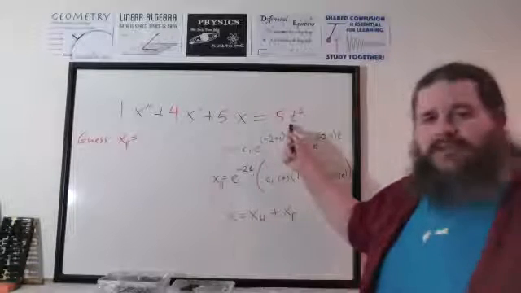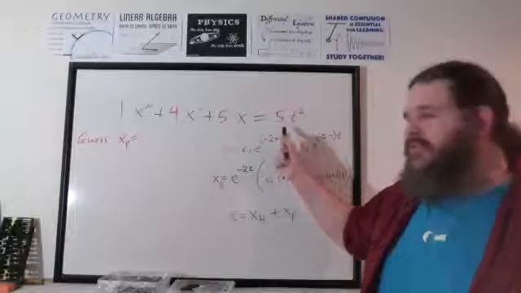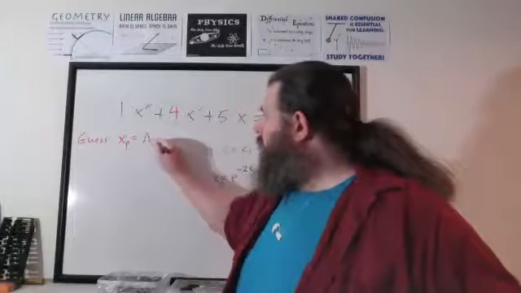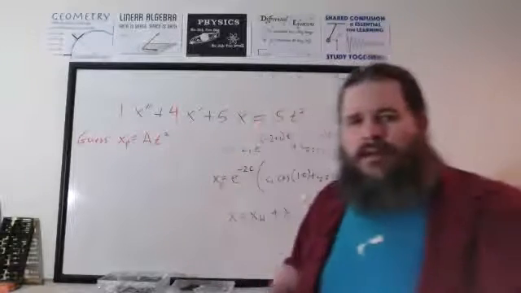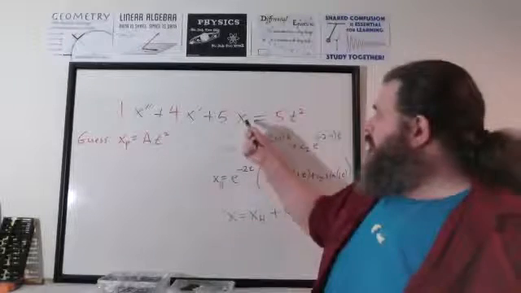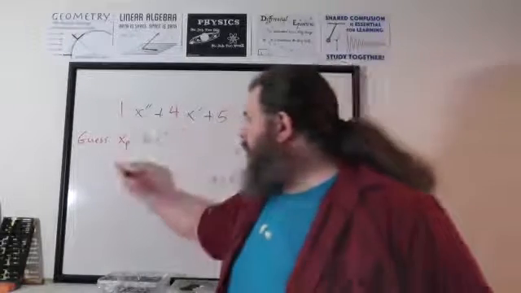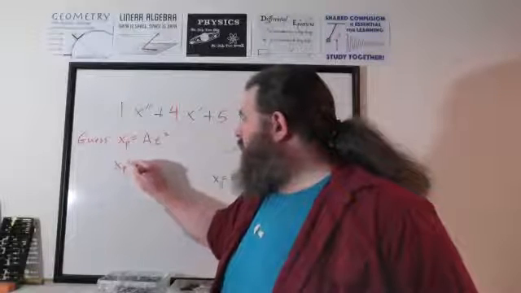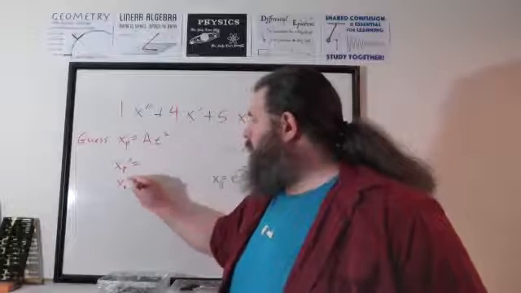We've got something t squared. So I would start by just guessing something t squared. The problem is, if we want to check that, we'd have to fill it in for x and x prime and x double prime. So we need to check the derivative and second derivative.